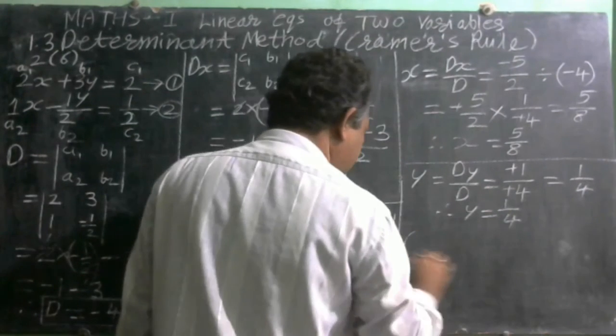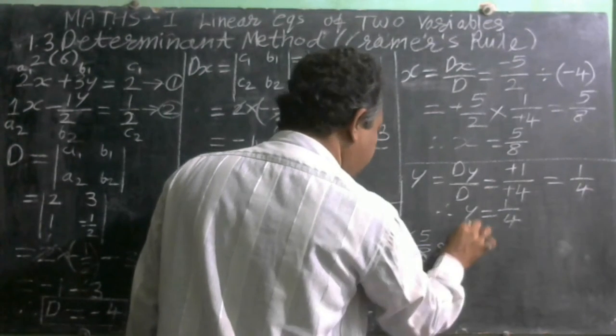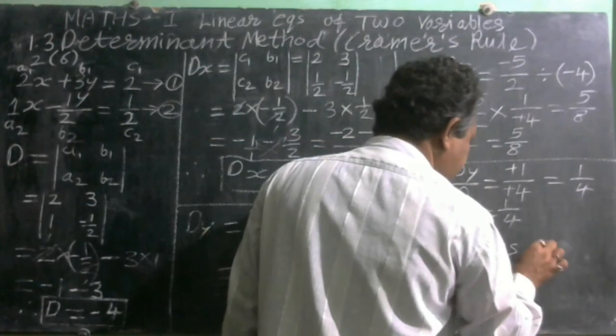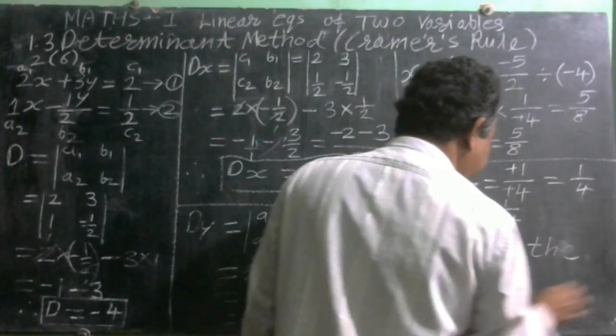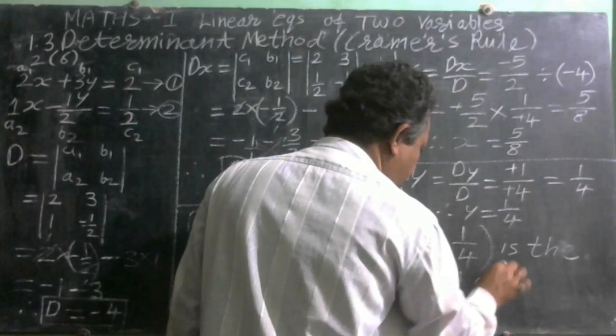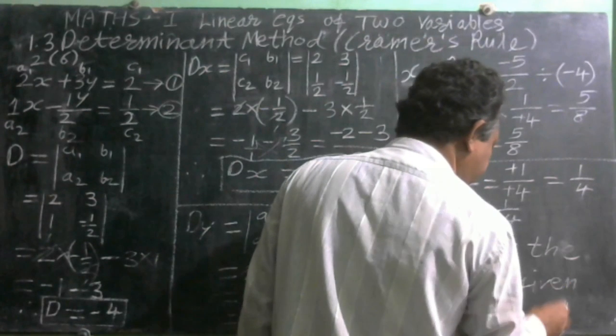So our solution will be 5 upon 8, comma 1 upon 4, is the solution of the given equations.